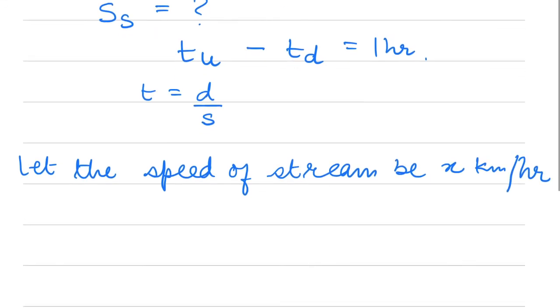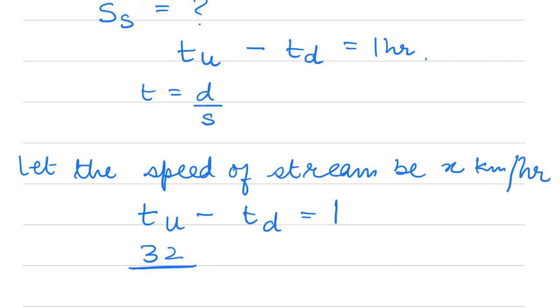Now let's substitute here. So we have time of going upstream minus time of going downstream is equal to 1. Now time of upstream, so distance is same, so 32 km upstream, and when you are going upstream speeds are subtracted.